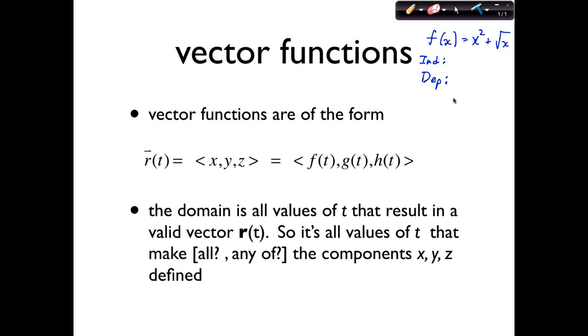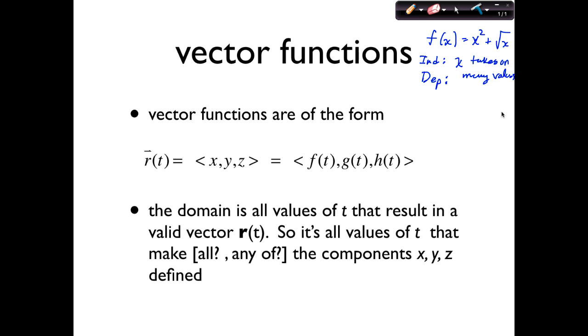Or in other words, what set of values do you put in, and what set of values comes out? What's our independent thing in this? X, right? X takes on many values. That's the independent variable, because it varies.